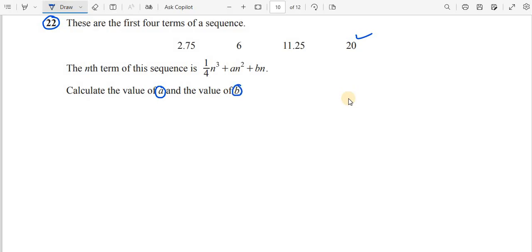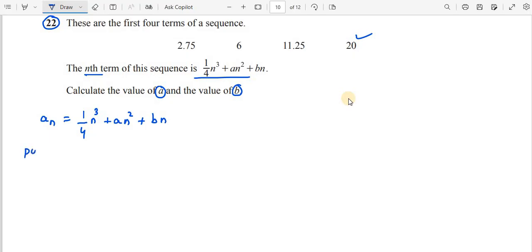So this is the given nth term. It should be written as a n, meaning nth term, is equal to 1 by 4 n raised to the power 3 plus a n square plus bn.